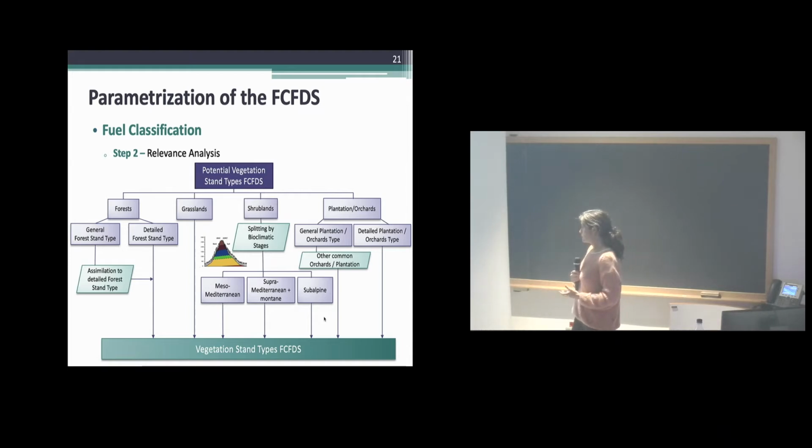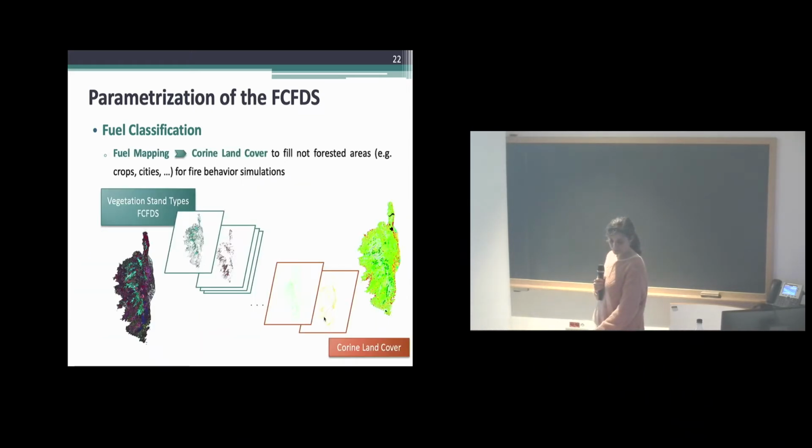For the special case of shrublands, they occupy a very important surface of the island of Corsica in terms of vegetation, and we decided to split this type into 3 types according to the differences observed by bioclimatic stages. Depending on the altitude, there are very different vegetation structures. That allows us to have all the vegetation stand type classes.